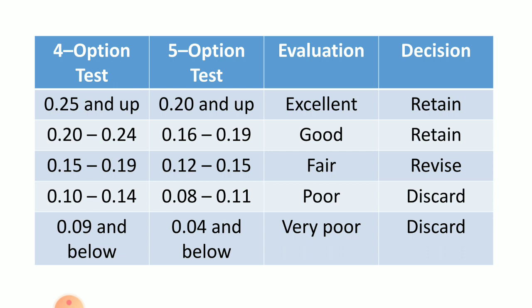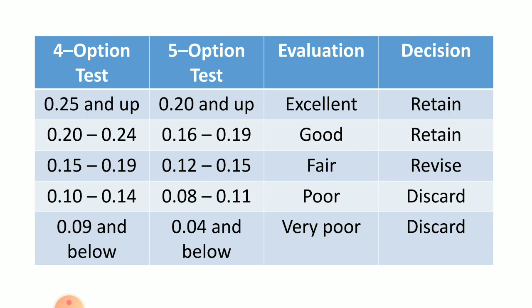If it is from 0.20 to 0.24, that is good, then retain. If it is 0.15 to 0.19, that is fair, then revise. If it is 0.10 to 0.14, that is poor, then discard that option. If it is 0.09 and below, that is very poor, then discard.